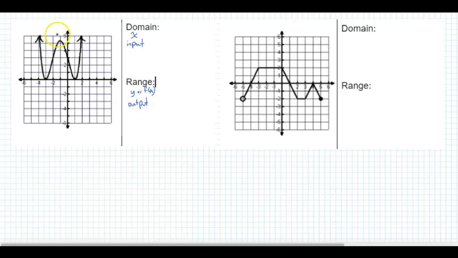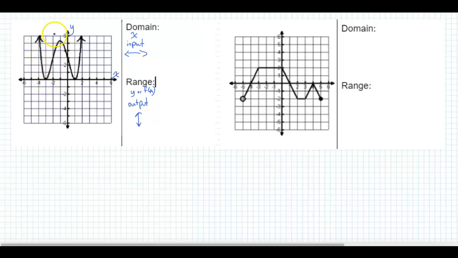Also, the inputs are horizontal values because this is our x-axis, and the outputs are our y values, which are vertical values. So when we are given a graph, we can really just look at the horizontal and vertical. We don't need to look at every individual piece.